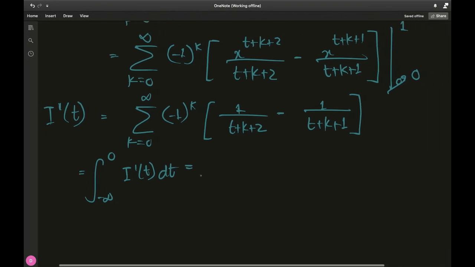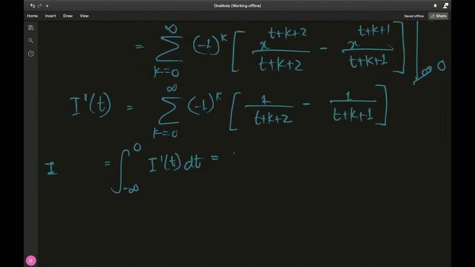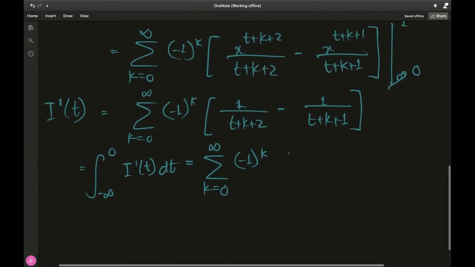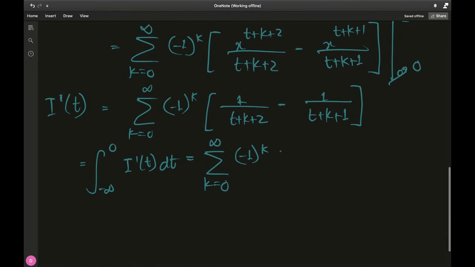And we know I prime of t actually, that is the sum from k equals 0 to infinity of minus 1 to the k, but we still need to integrate with respect to t. So what I did was I took the sum outside, again assuming uniform and absolute convergence, and had this integral go from negative infinity to 0, because only the t dependent terms are inside, right?